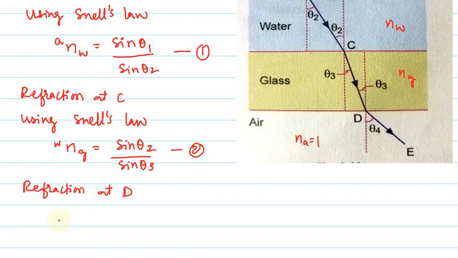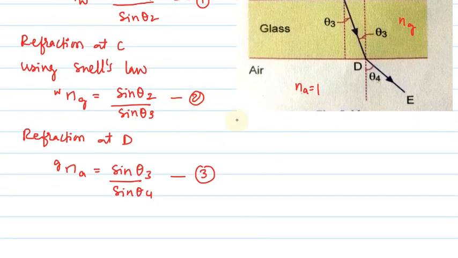So I can write refractive index of air with respect to glass equals sine of theta 3 upon sine of theta 4. Let me consider this as expression 3.